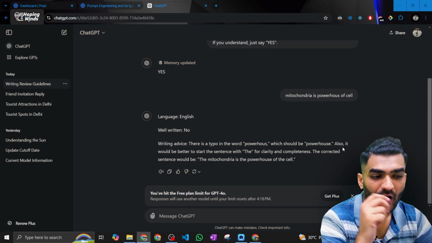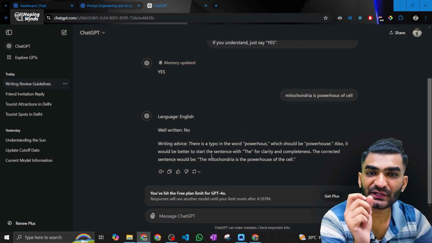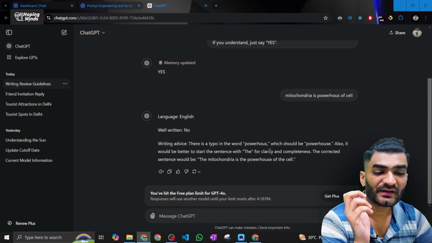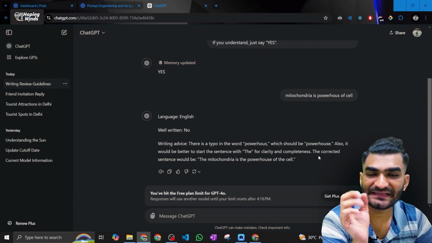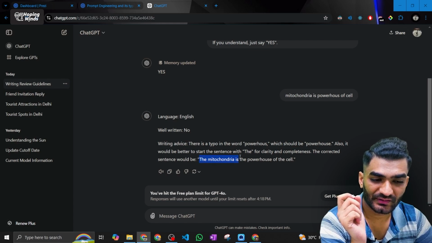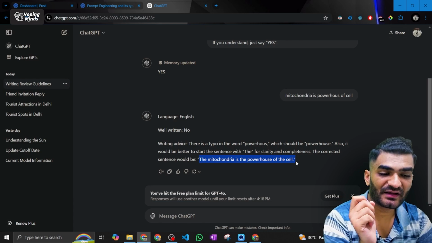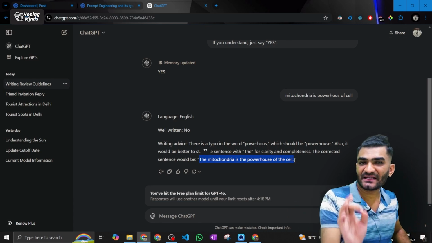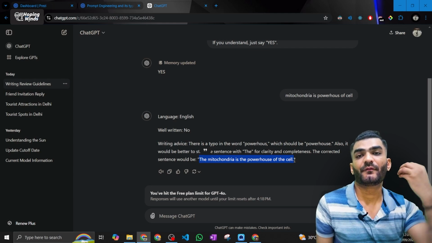Also, it would be better to start the sentence with "the" for clarity and completeness. The corrected sentence would be: the mitochondria is the powerhouse of the cell. Perfect. That is how prompt priming works.